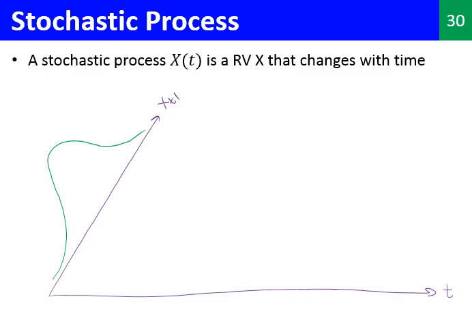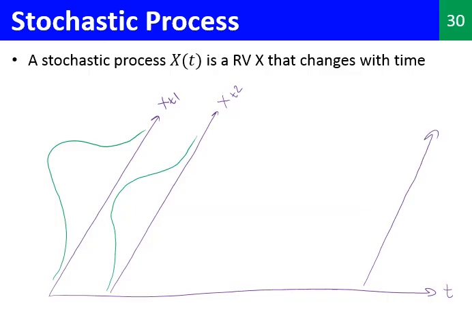And similarly at t equals t2, x(t2), our PDF may slightly change, and let's say it's something like this. And ultimately if we take x(tn), again we'll have something like this.